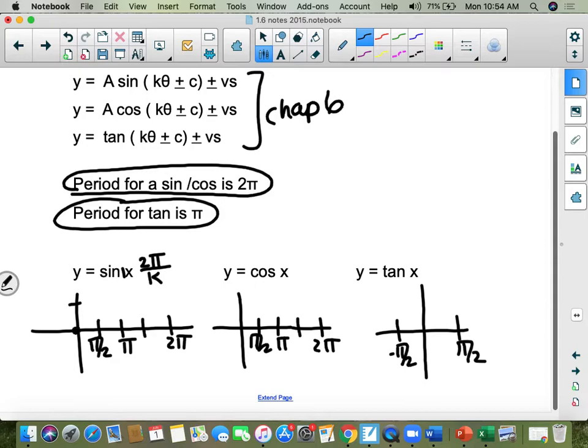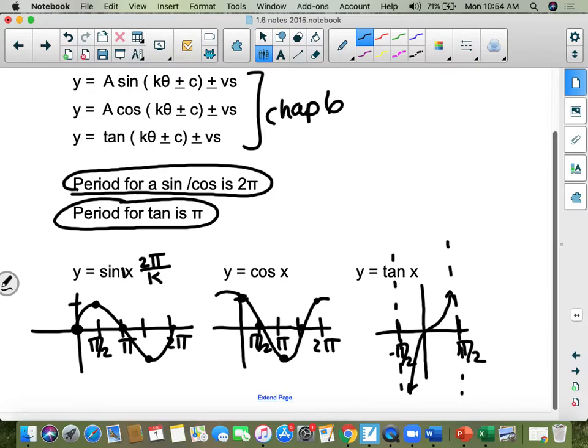Sine starts at 0, goes up, comes down, and comes back up. It has a little hill and then a valley. Cosine starts at 1, goes down, comes back up. This is what a cosine graph looks like. And a tangent graph has an asymptote there and an asymptote here, and it makes a snake.